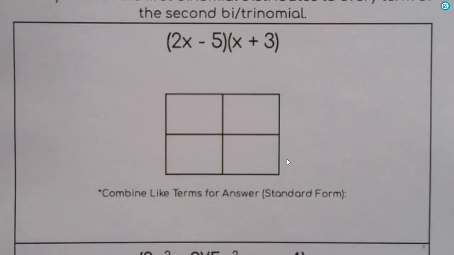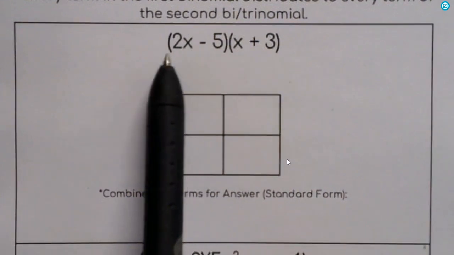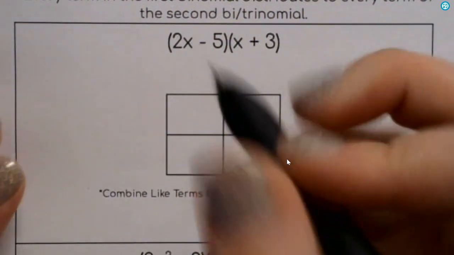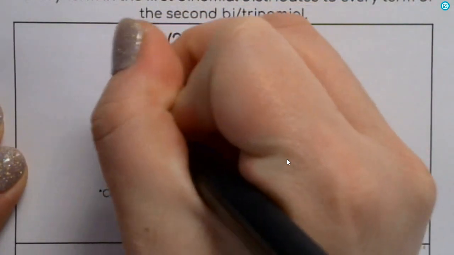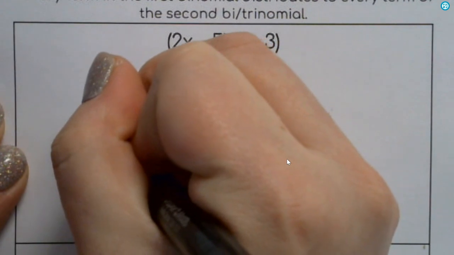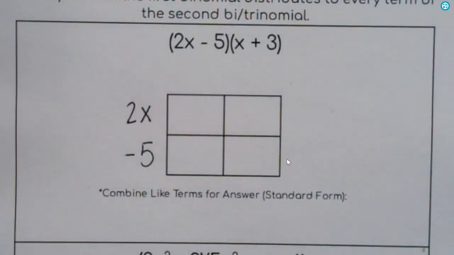So down here on our first example, we are going to use this box. We are going to take this 2x minus 5. I'll always take the first binomial and put it down the side. So I'm going to put 2x at the top row, and then I'm going to put my minus 5 right here. So I'm just splitting that up. Each term gets a row.